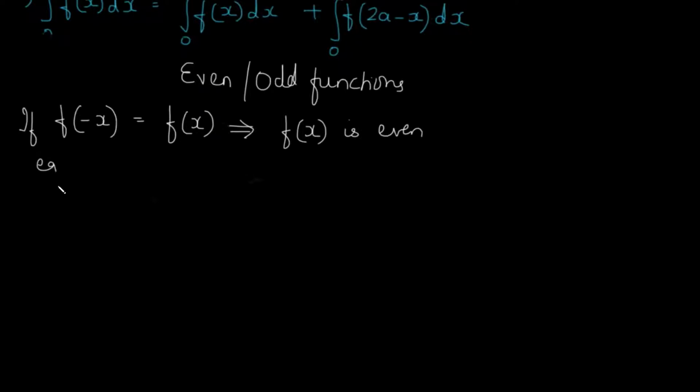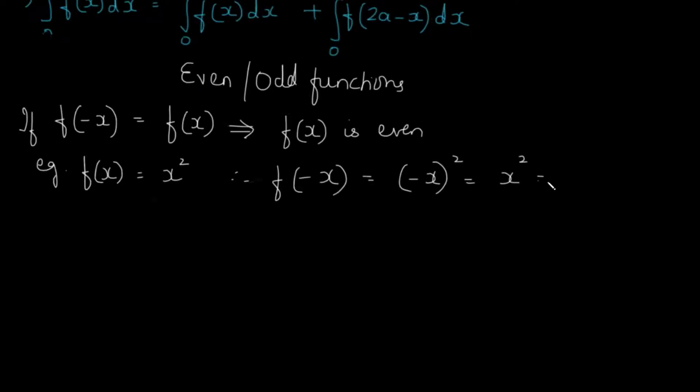For example, suppose f(x) is x². Therefore, what is f(-x)? f(-x) is obtained by putting -x in place of x. So we get (-x)², which is nothing but x², and that is equal to f(x). So in this case, f(-x) is equal to f(x), and therefore the function is an even function.